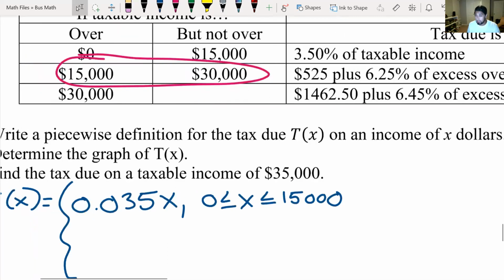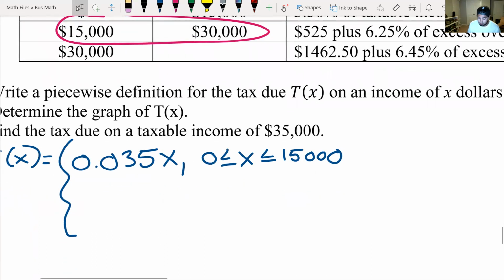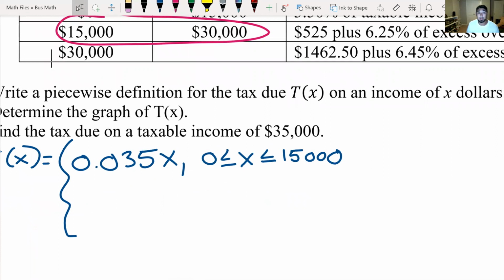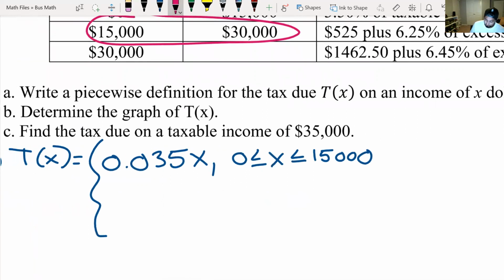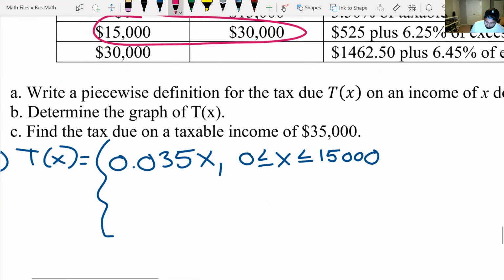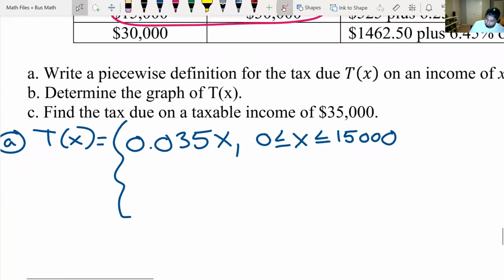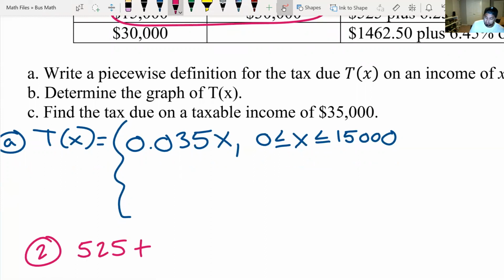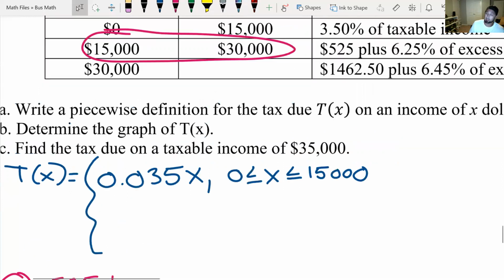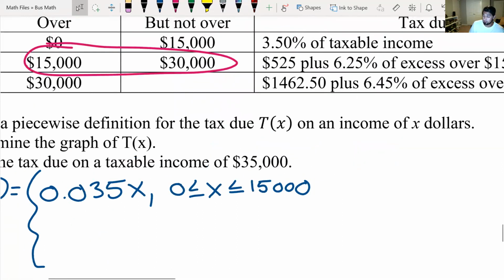So what this means is that before we put it into the piecewise function, let's write out what it's telling us. So for the second one, I'll call it 2. It says we'll pay $525 plus the 6.25%.